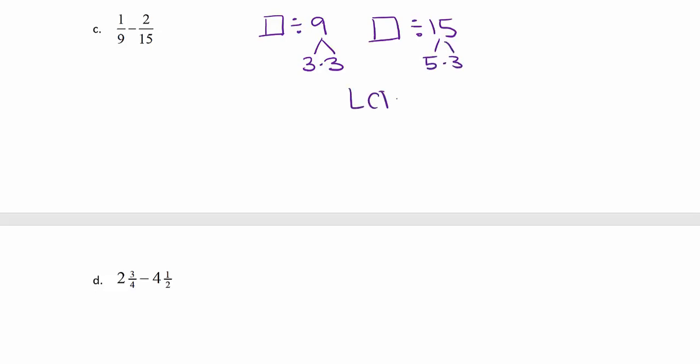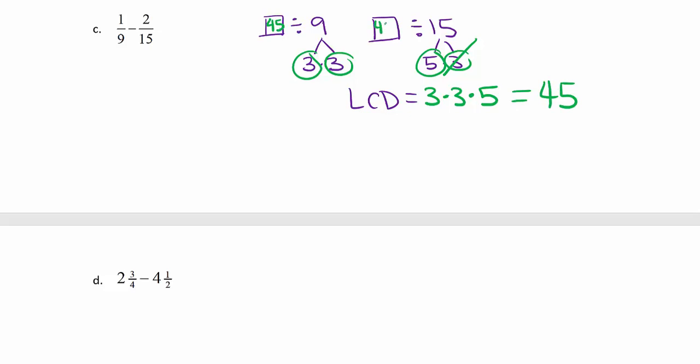So the LCD has to have all the factors from the first denominator. And then when I look at the second denominator, oh, I already have a 3, but I need a 5. So 3 times 3 is 9, times 5 is 45. Oh, so 45 is divisible by both 9 and 15.